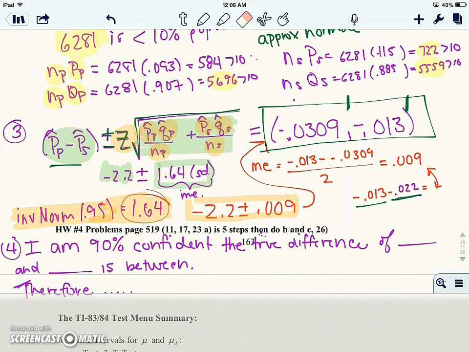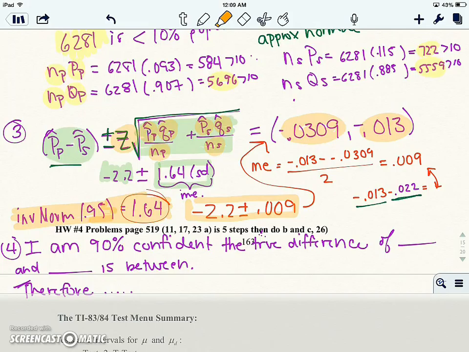An easier way to do it would be to find the average of the two, or the middle: take the lower bound of your confidence interval minus the upper bound of your confidence interval and divide that by 2. And again, you would get the margin of error. So what I really suggest is you just do it in the calculator.